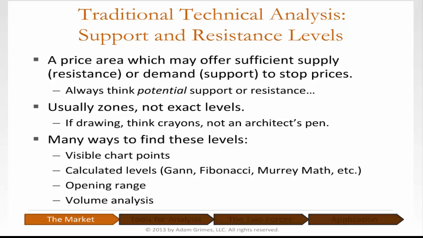When I work with traders, training traders, I would say the right tool to draw support and resistance is probably a crayon, or maybe it's one of those big pencils that young children use. It's not an architect's pen. It's not a fine point pen. It's a big, rough, messy area. A lot of ways to find these, and I've listed some of these here.